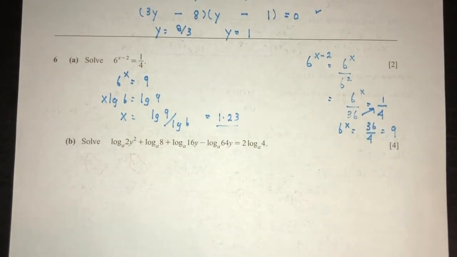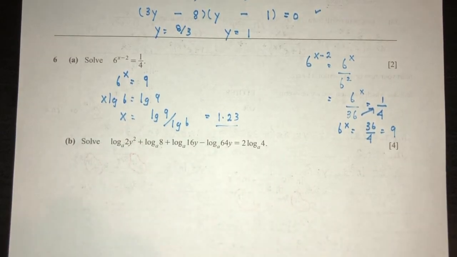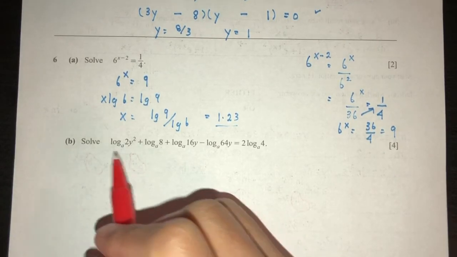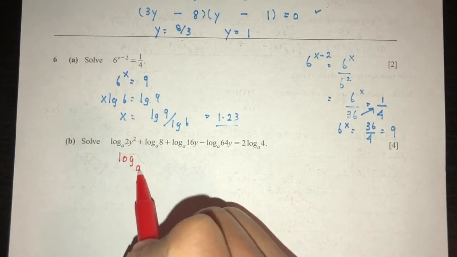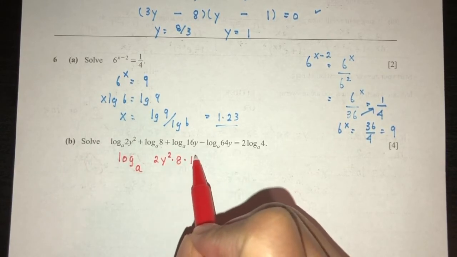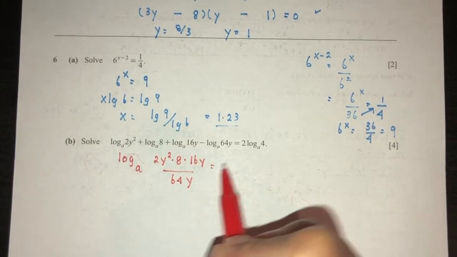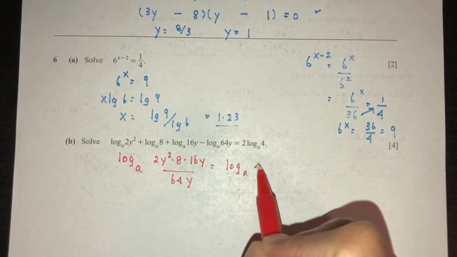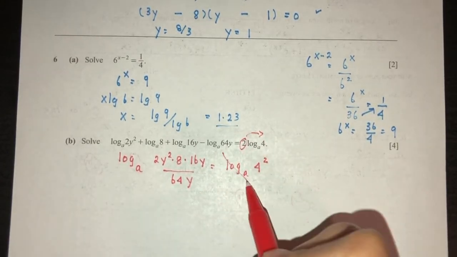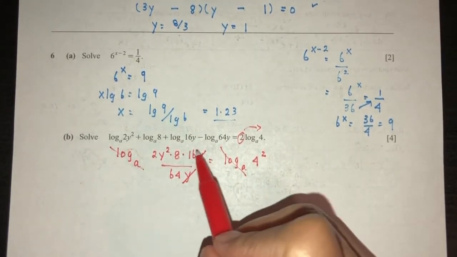Now for part B, we have to solve the equation. So we have this. We have the base of a everywhere, so we can combine them together. You will have log base a of 2y squared times 8, where plus will be multiply and minus will become divide, equal to log base a of 4 power 2. We can send this as power. Now we can cross out, and then we can also divide.